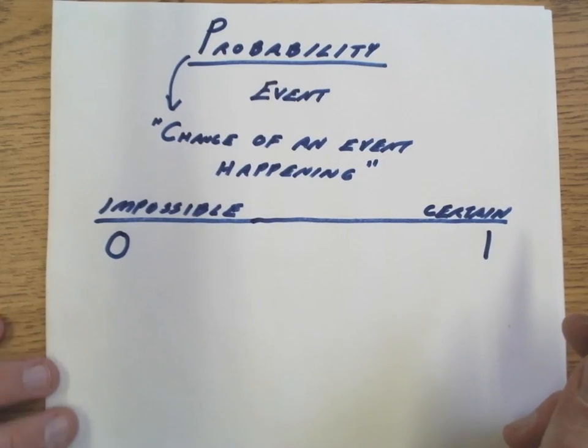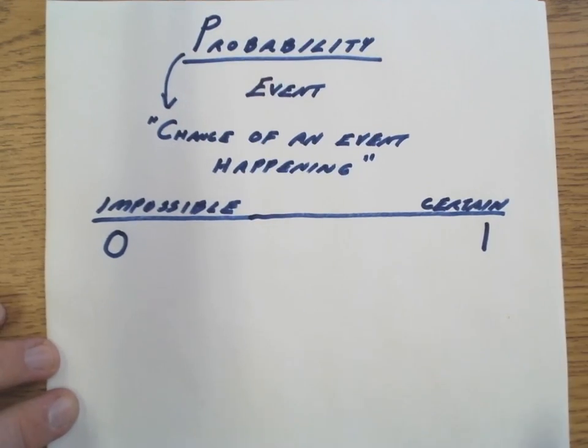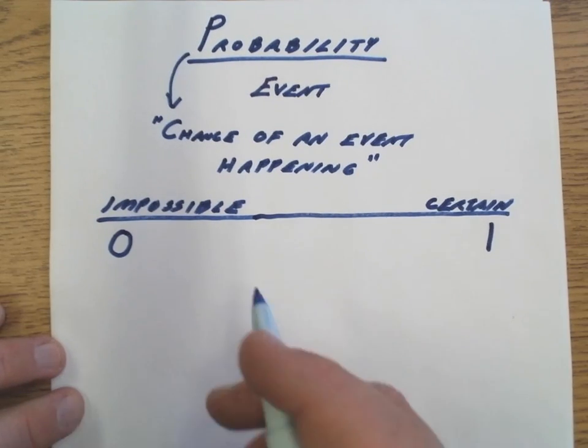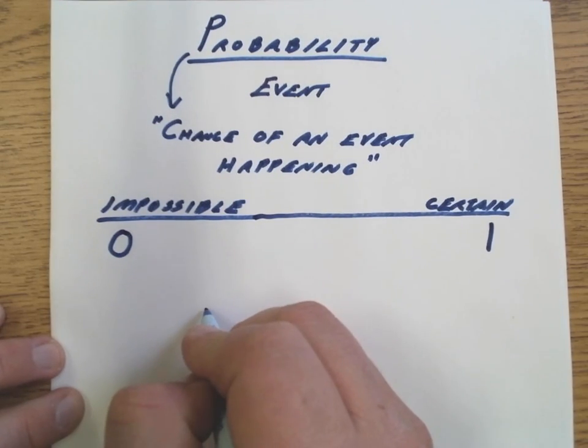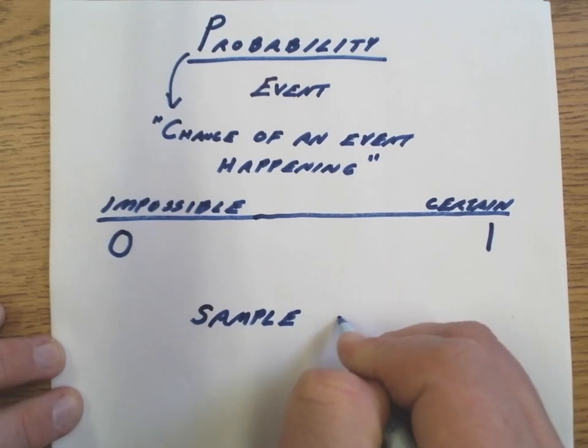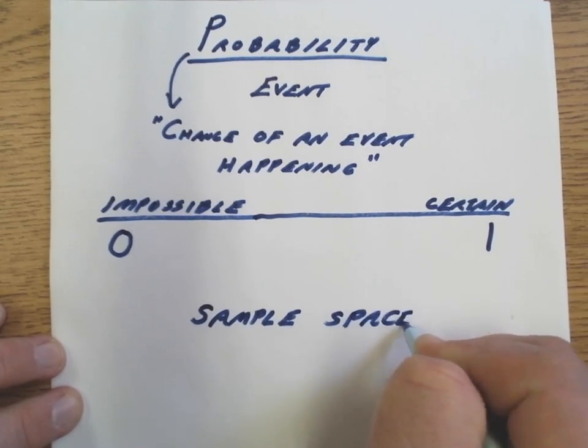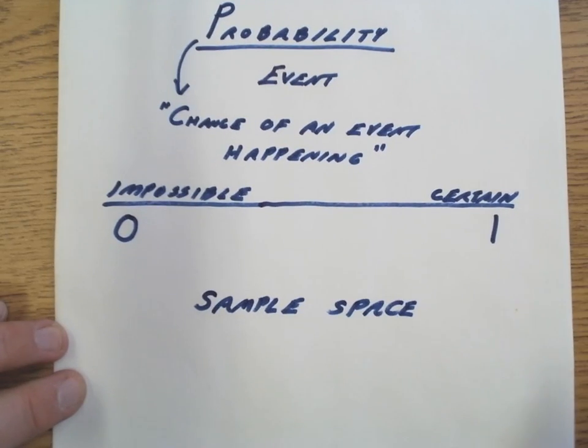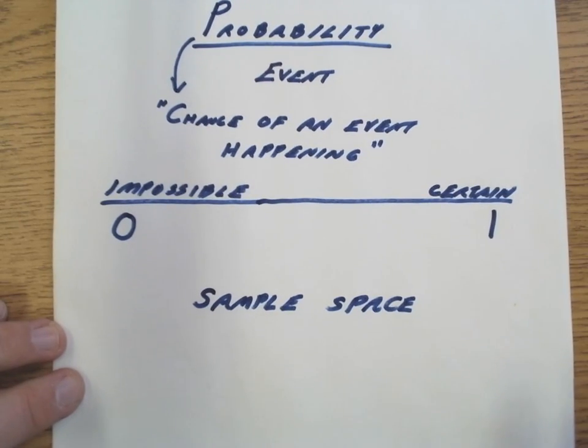So with events, there's different kinds of events that can happen. And so when we talk about events, we can talk about what's known as a sample space. And a sample space simply is a list of things that could happen. For example, let's say that we rolled a die and flipped a coin.